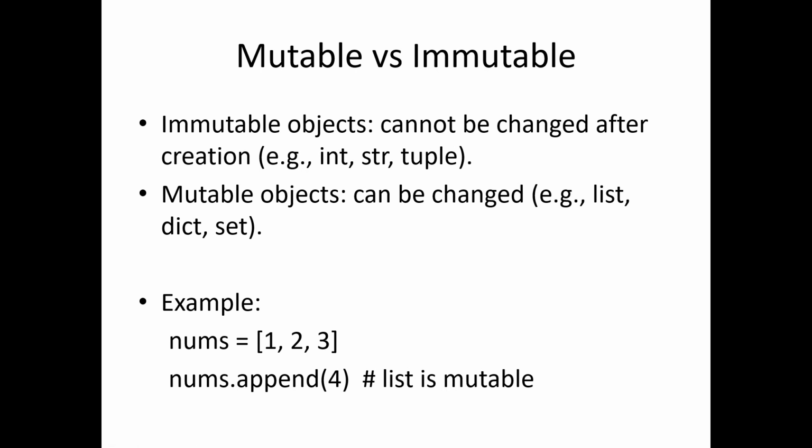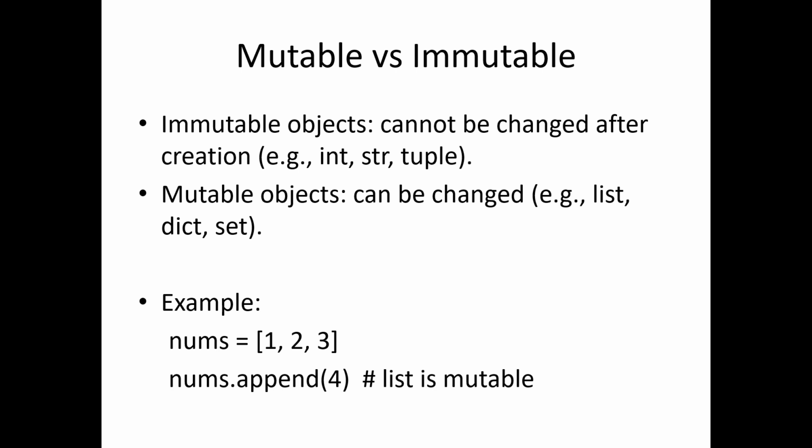Let's understand mutable versus immutable. Objects in Python are either mutable or immutable. Immutable objects can't be changed after creation, for example, integer, string, or tuple. Mutable objects can be changed in place, for example, a list, where we can append to the list. So dictionary or set as well.